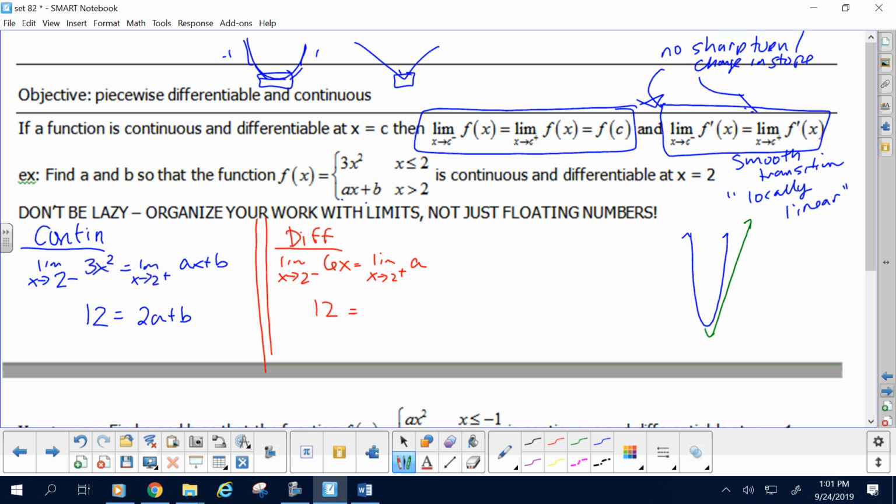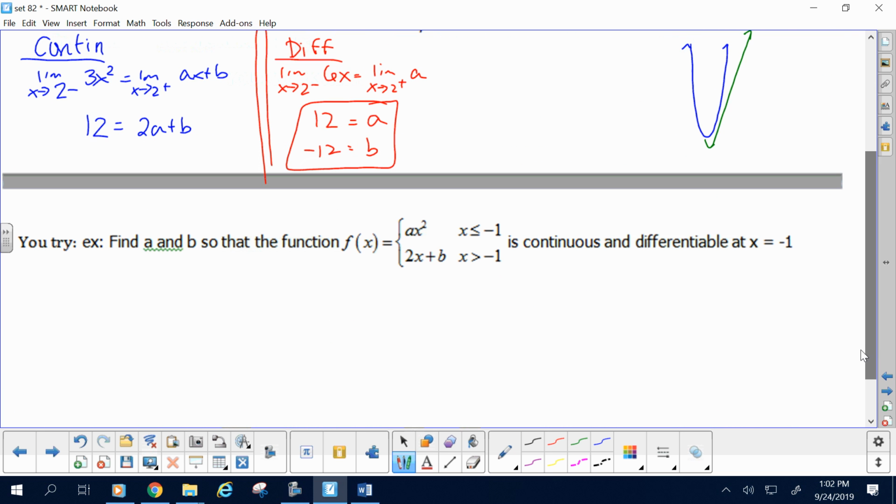That means our line slope, which is a, has to be 12 when they meet. If a is 12, I just need to get the right b to make sure the lines meet. So going back to the continuity, that implies that b would have to be negative 12. That's a line that would, first of all, meet the parabola at 2, and second of all, match the slope of the parabola at 2. You with me? All right. Try that one on your own then, please, showing good work with limits.